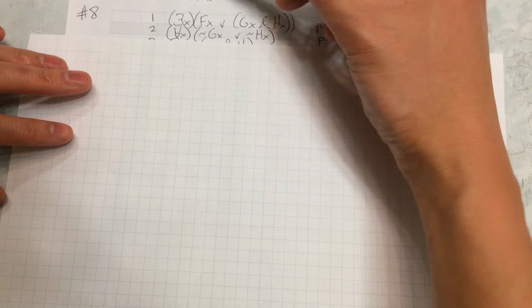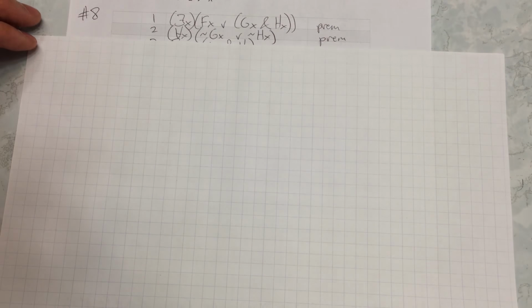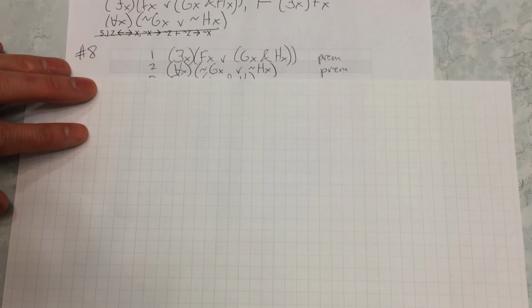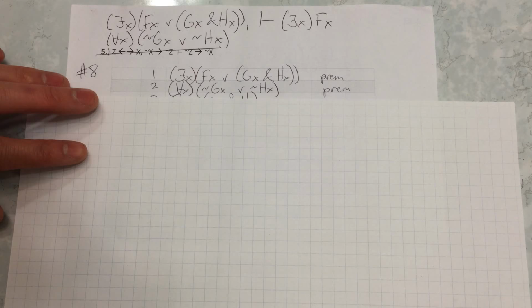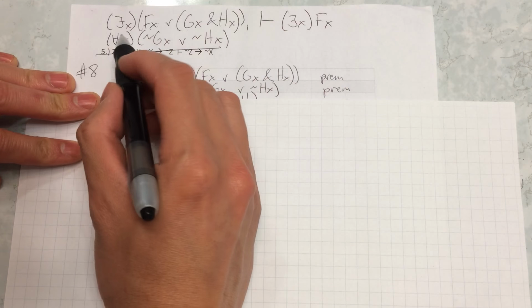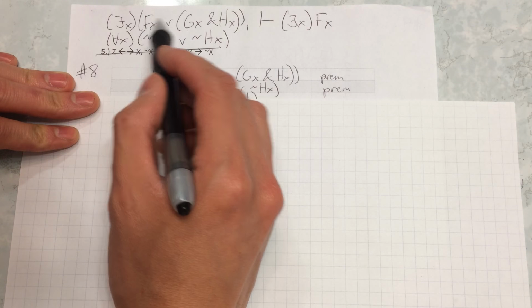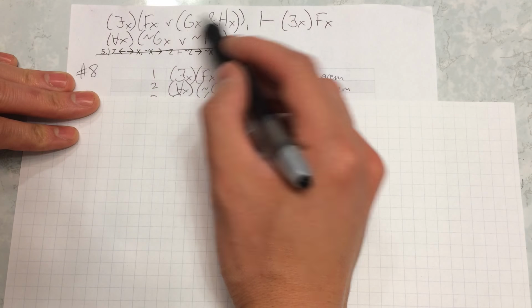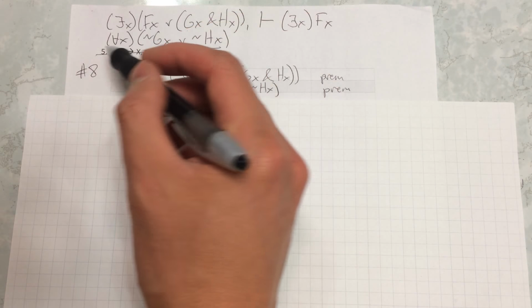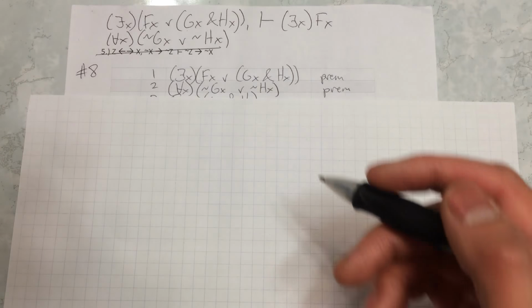So with the two premises, we can conclude that there is something that is F. So there's the full argument, or the full sequent. There exists an x such that x is F, or x is G and H. For all x, x is not G, nor is x H.